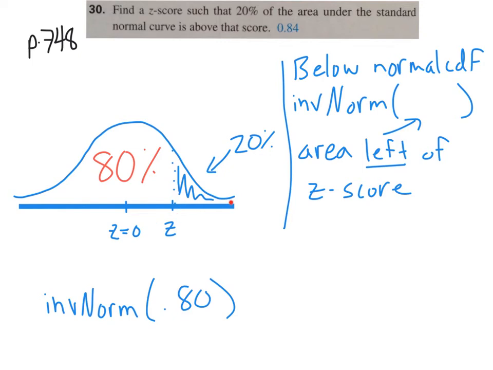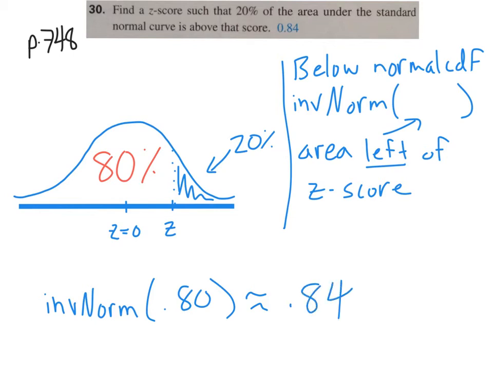By default, since there's 100% underneath, that means there's 80% below, or 80% to the left. That's what you have to plug into the invNorm function, the area to the left of whatever z-score you're after. So we plug in invNorm of 0.80, and that should give us an answer of 0.84.